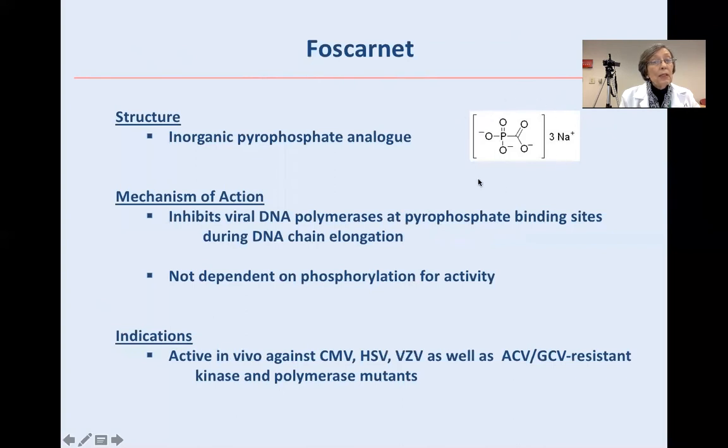So this is the drug given, it's not further metabolized. So even though pyrophosphate is two phosphates, this single phosphate binds to that site and prevents cleavage of the pyrophosphate. It's active in vivo against CMV, HSV, and VZV, as well as acyclovir- and ganciclovir-resistant kinase and polymerase mutants.